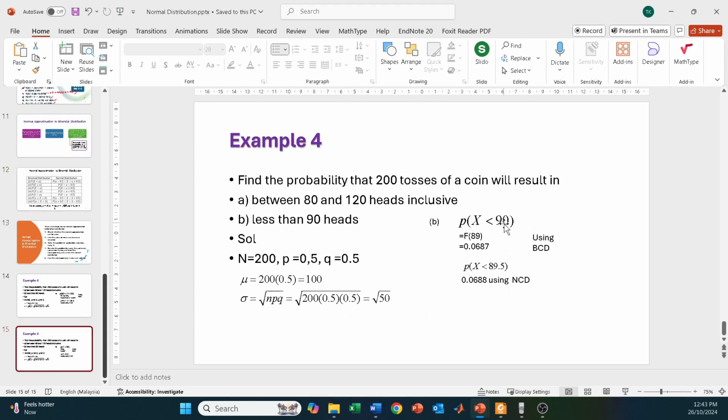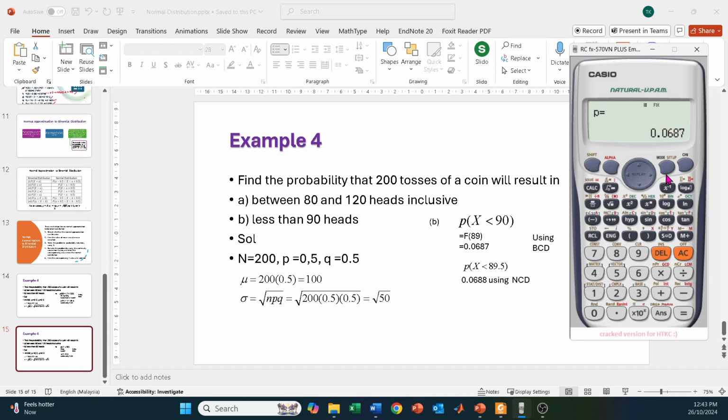So 90 minus 0.5 will be 89.5. Then again go back to distribution 3, normal CD.